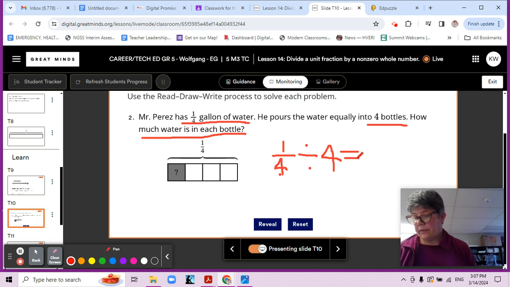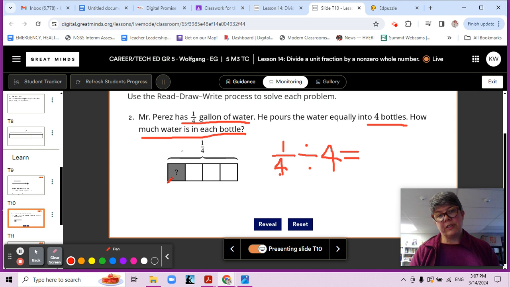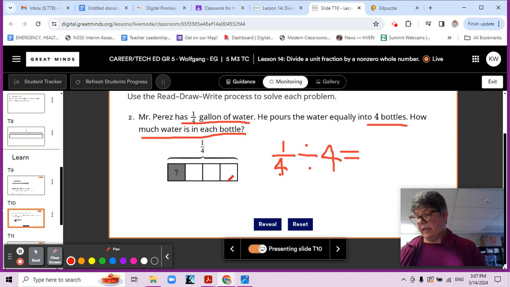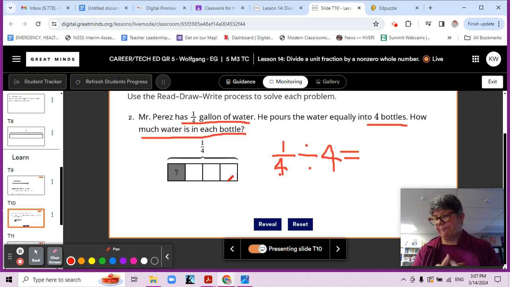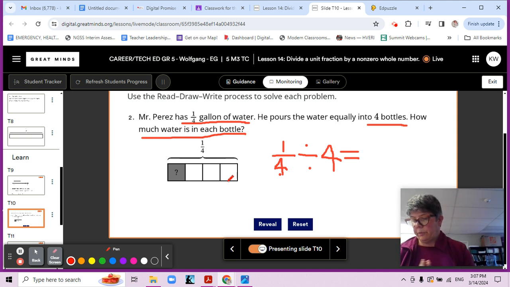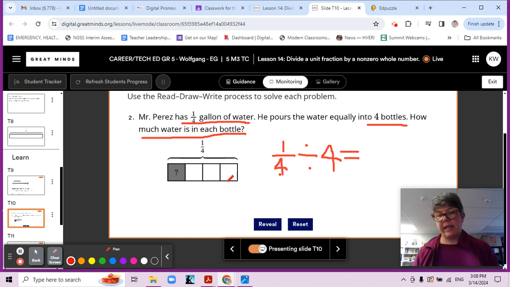Okay? And looking at the tape diagram, we know that there's less than 1/4 of a gallon because it's broken into 4 parts. Can we tell the value by looking at just the tape diagram? What could we do to help us with that? Could we extend our tape diagram?